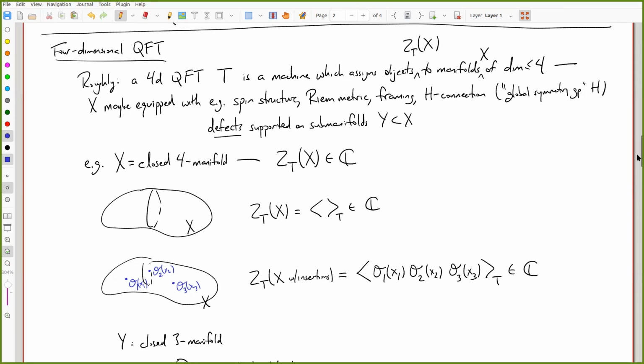I think we should separate two things. I wasn't quite careful enough. There's one problem, which is just defining what you mean by a four-dimensional quantum field theory. And I think even that hasn't been done. And then there's the problem of constructing an example of a four-dimensional quantum field theory. It could be that you could do one without the other. In other words, it could be that you could find the correct definition in this fully extended, functorial QFT way.